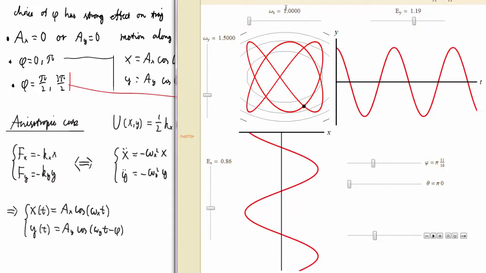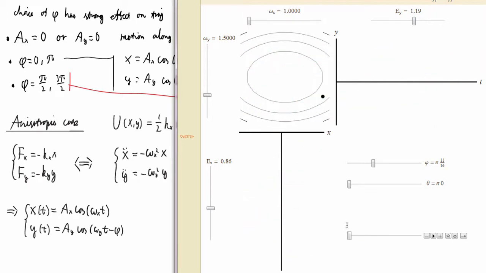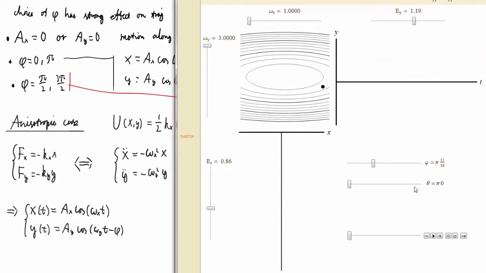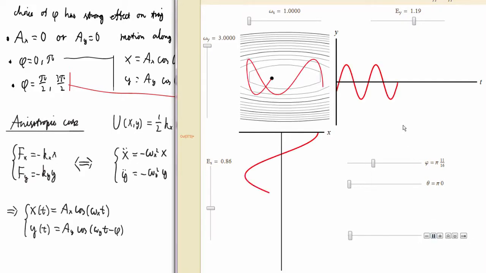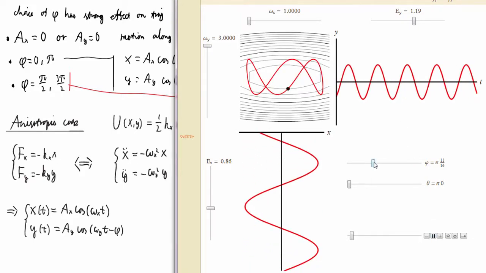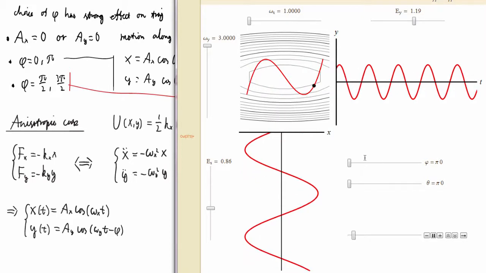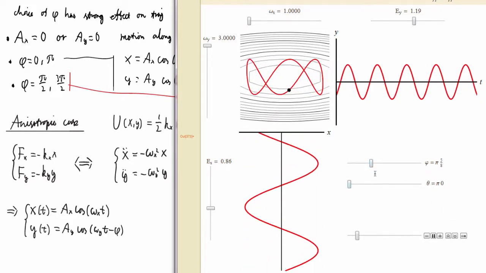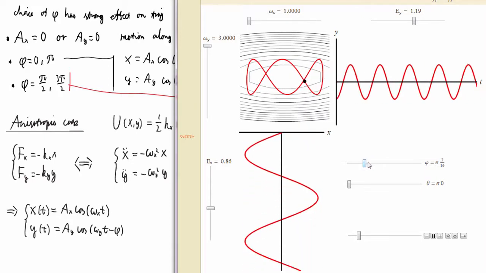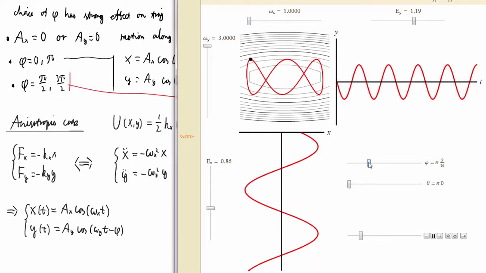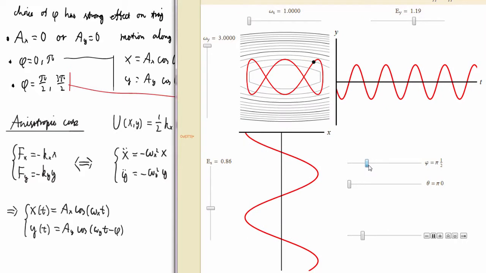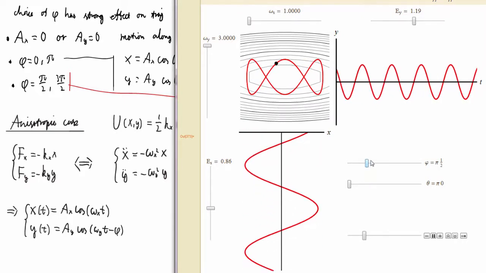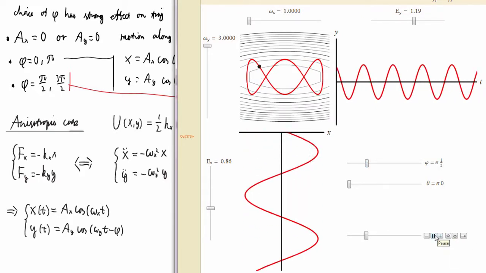So now here we had a ratio of 3 to 2 for the oscillator frequencies. We can try other things here. How about 3 to 1? What does that do? Well, so that's what that looks like, depending on the phase. Okay.